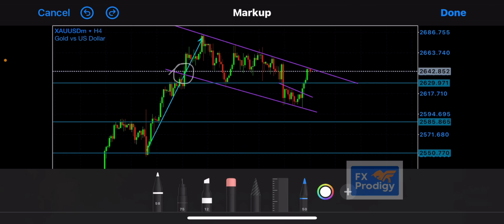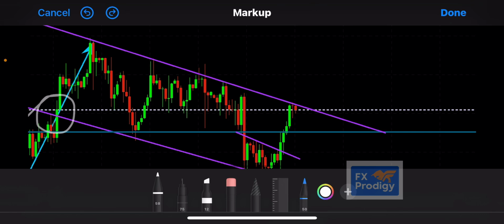And now what we are expecting is a significant break to the upside. And then when a significant break to the upside occurs, we were supposed to form another bullish flag there. This is what we call a pattern inside a pattern. So what we were expecting was a significant break to the upside, then a retracement, then the bullish run to the upside here.